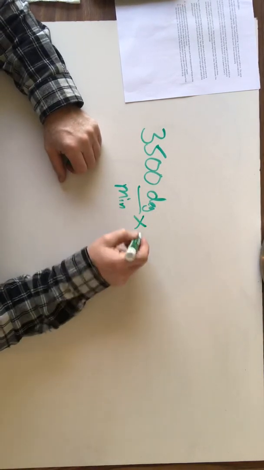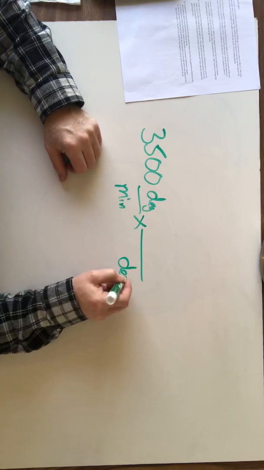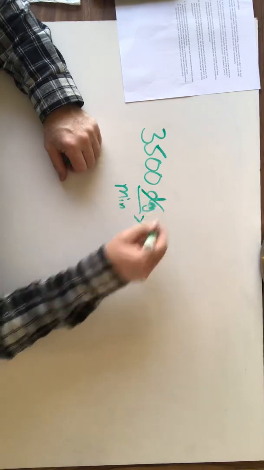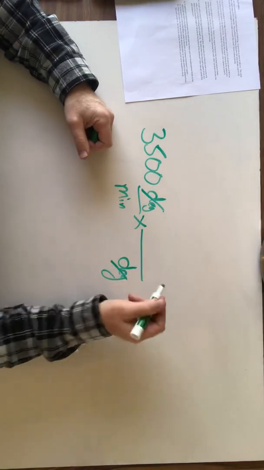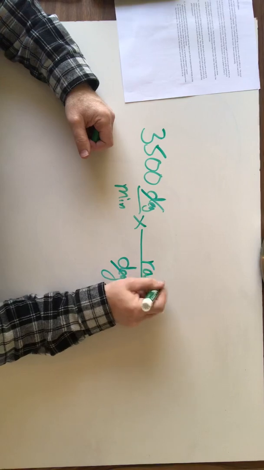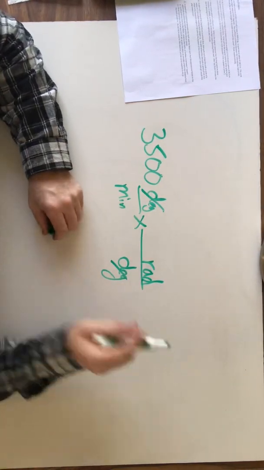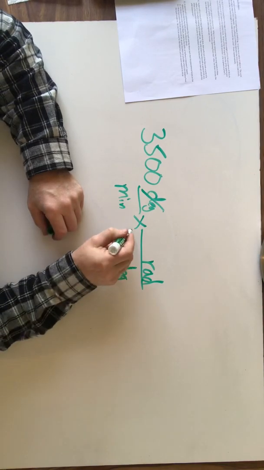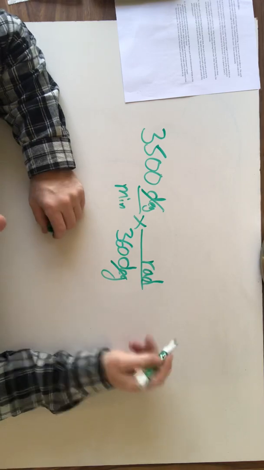So you pick and stick. Pick one and just ignore the other one. So let's go degrees on the bottom, so it cancels. And what do we want to go to? Radians. We want to go to radians. Now, you know that there are 360 degrees in a circle.